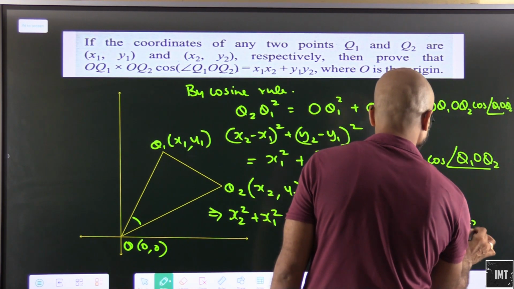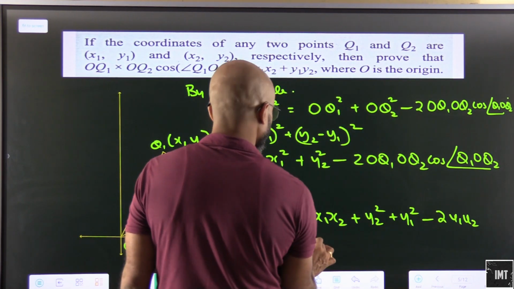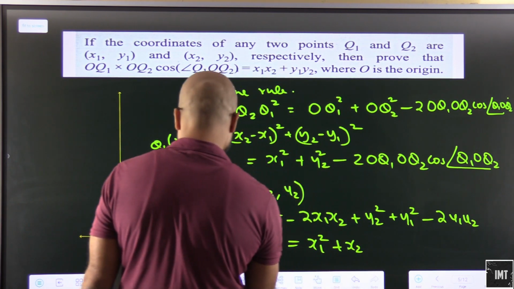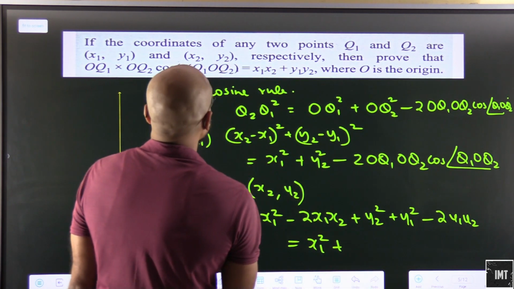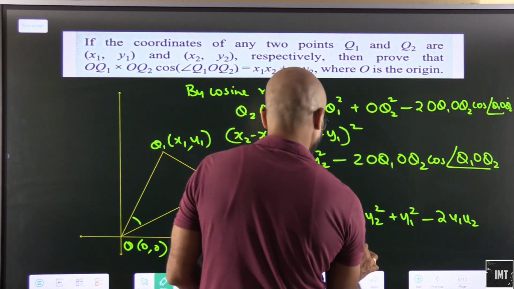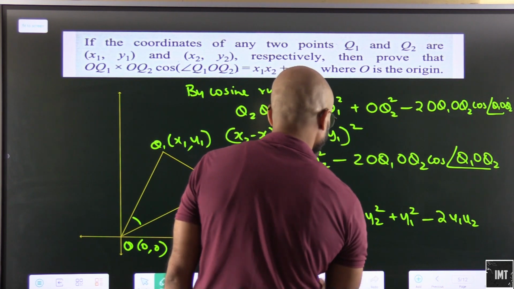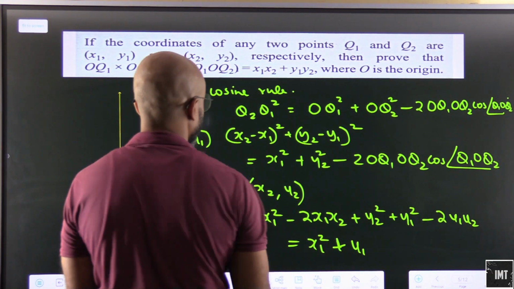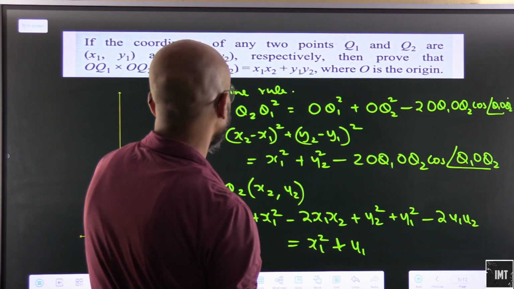y1y2 is equal to x1 square plus x2 square, right?